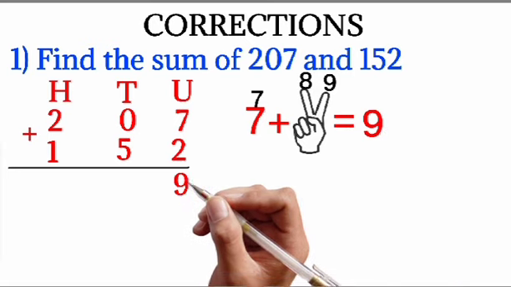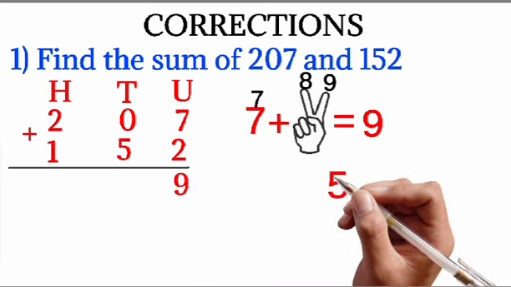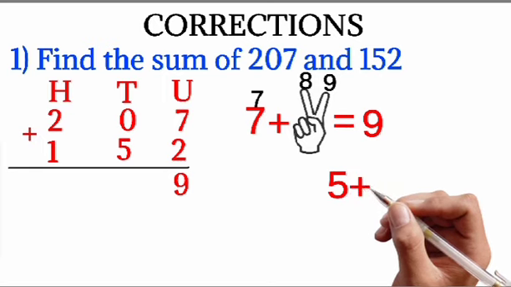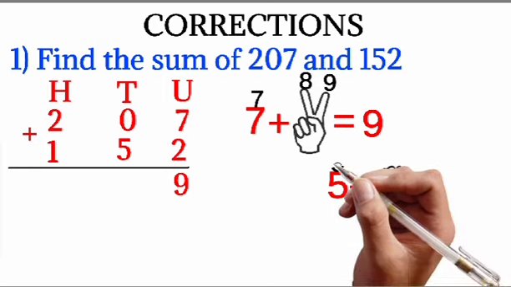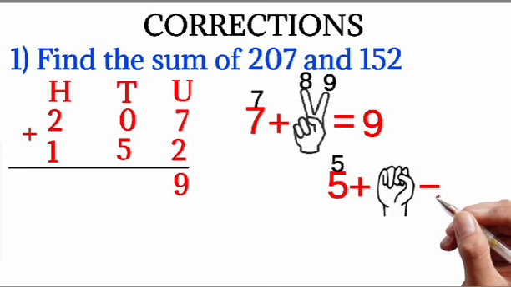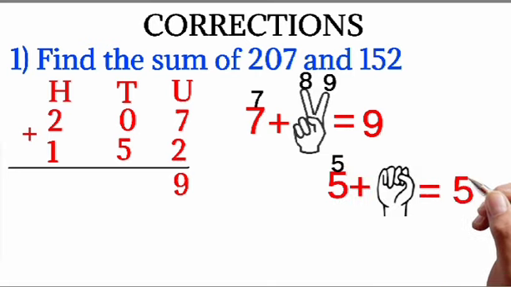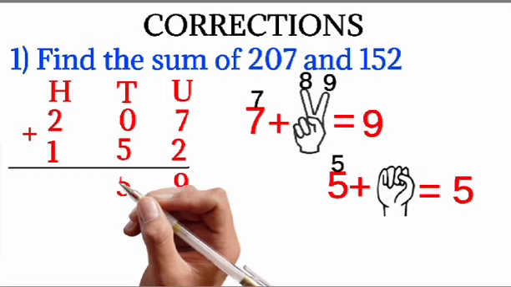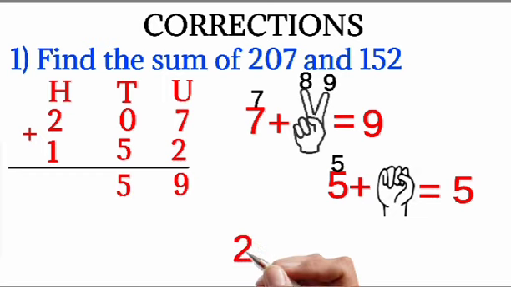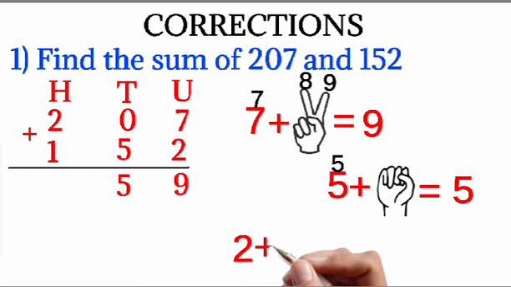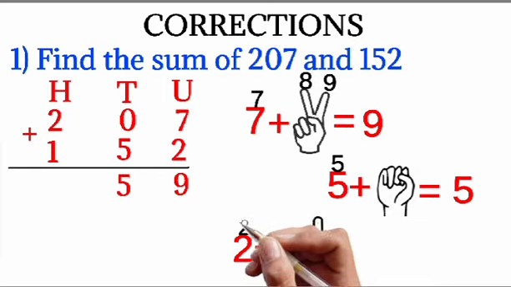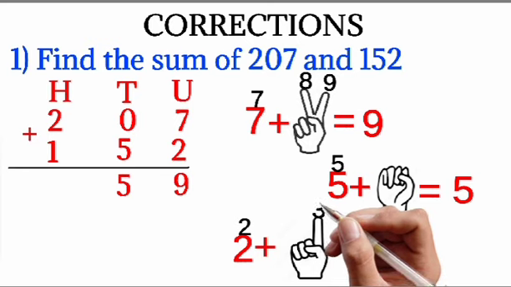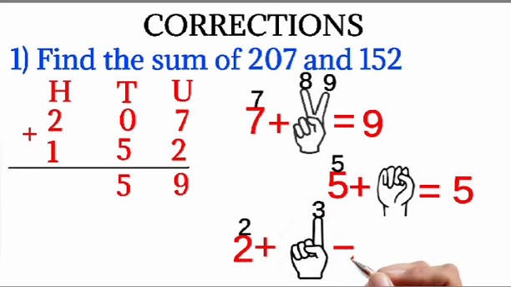The next is 5 in my head, 0 on my finger. 5, there is nothing again, so it's just 5. No finger is coming out. The next is 2 in my head, 1 on my finger. 2, 3, counting forward.